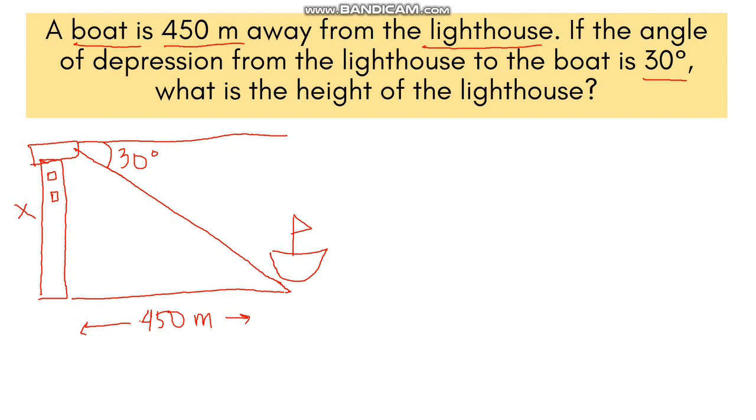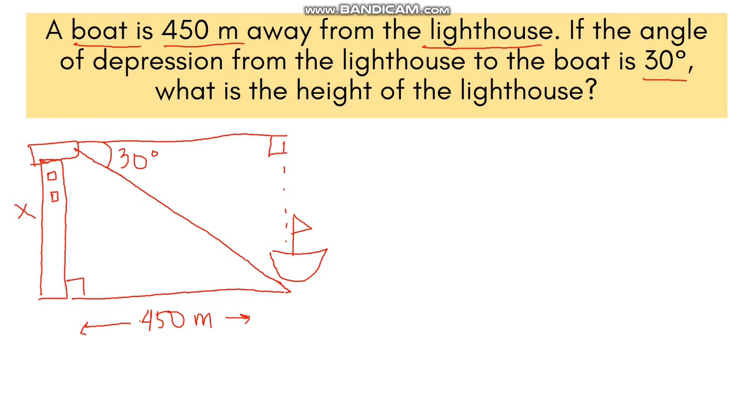If you will notice, this is a 90-degree angle. Now, the given angle here, 30 degrees, is on another right triangle. So let's say that this is also a right triangle.